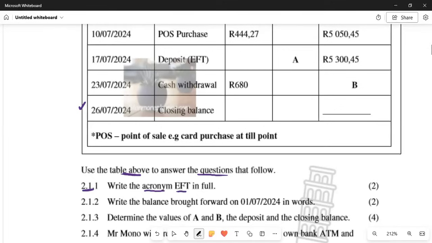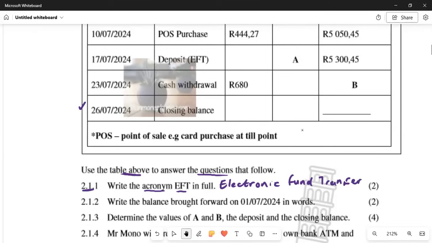That is electronic fund transfer. So you are writing it down, electronic fund transfer. So you get your marks.